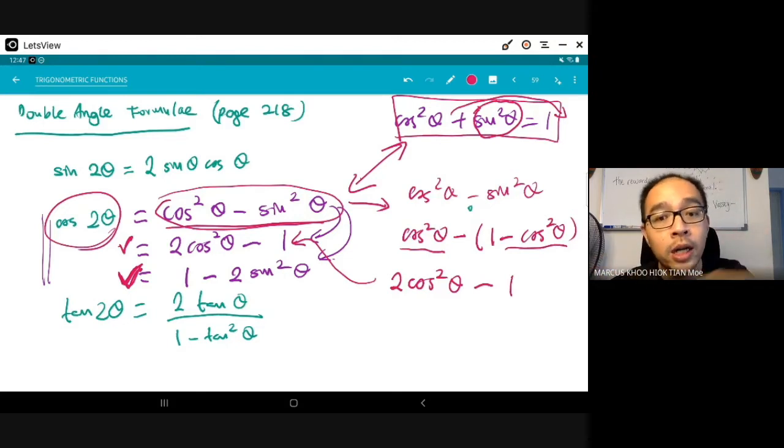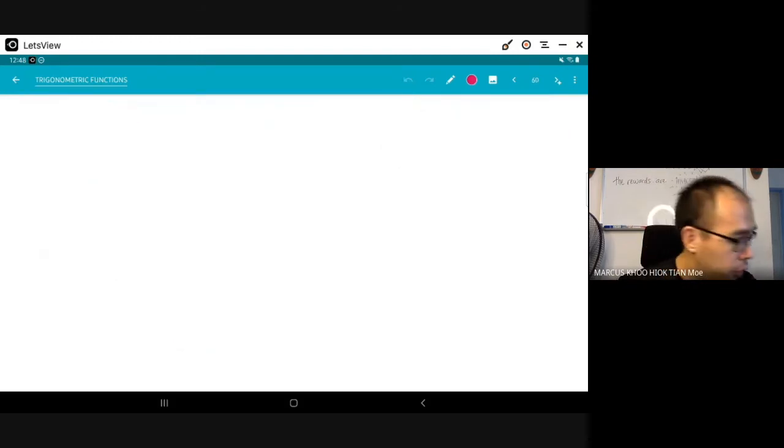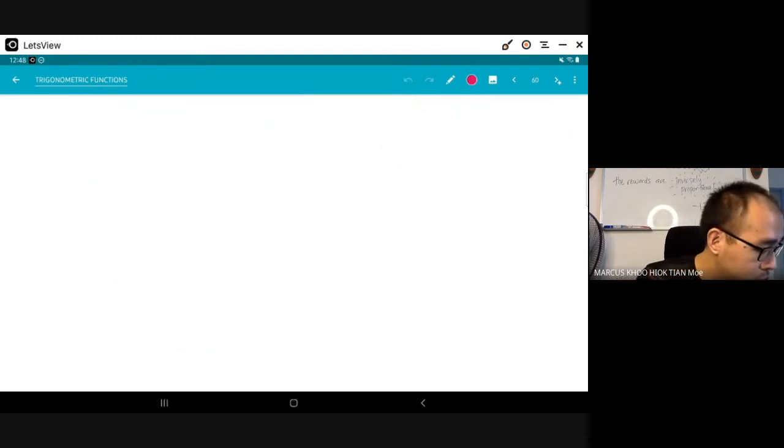So there's a combination of the addition formula and the basic identities. All this comes together. That's why we teach this in stages. We start with the basic identity because that's the most basic. Then we go to the addition formula because that's the second most difficult. Lastly we go to the double angle formula. But everything can be used to prove a trigonometric identity. Turn to your textbook on page 221.